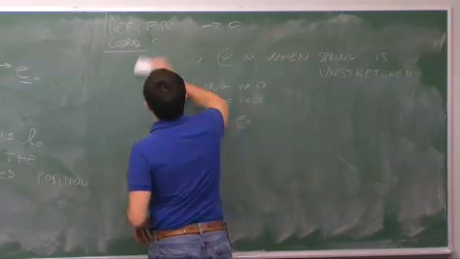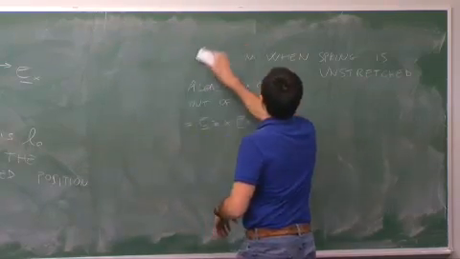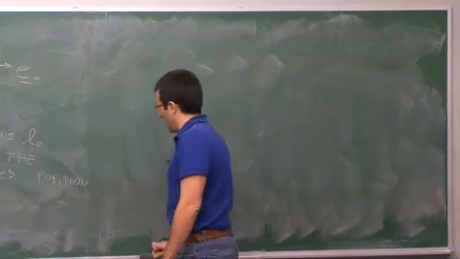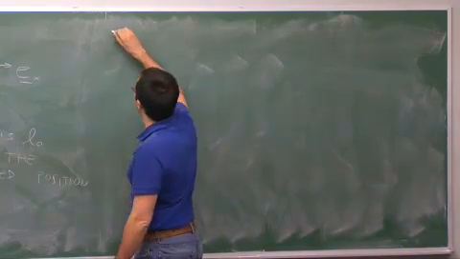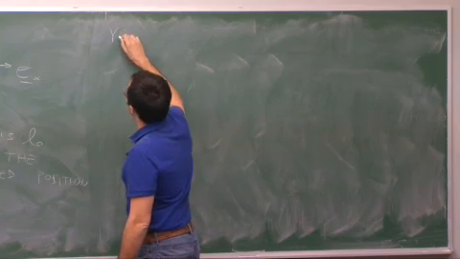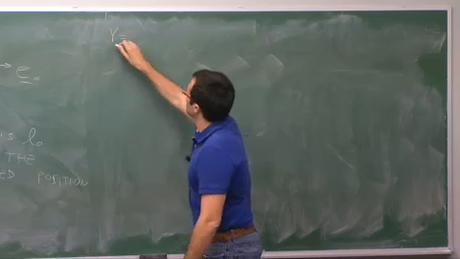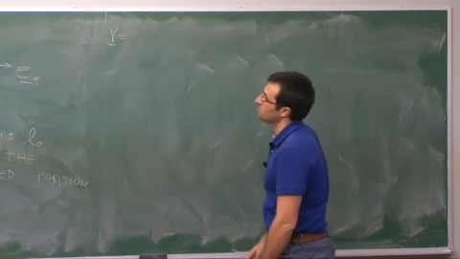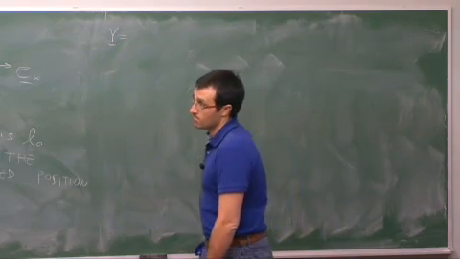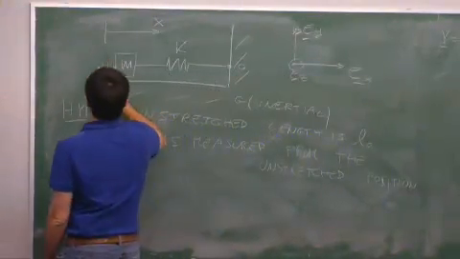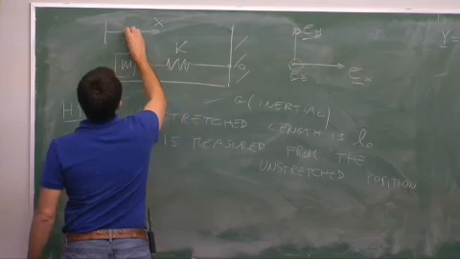F equals ma is really what I want to write. And so the position of m, I'm going to drop the subscript P, there's only one mass here. What is this? It's X EX, right?